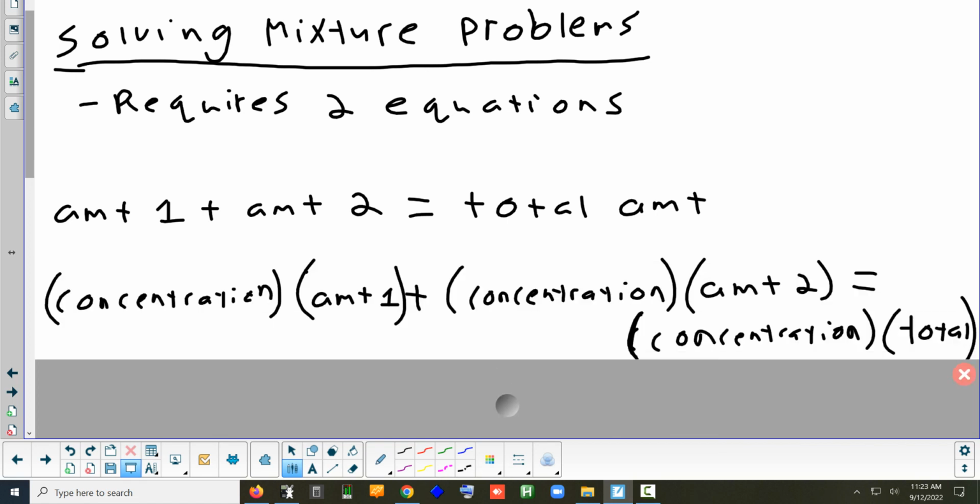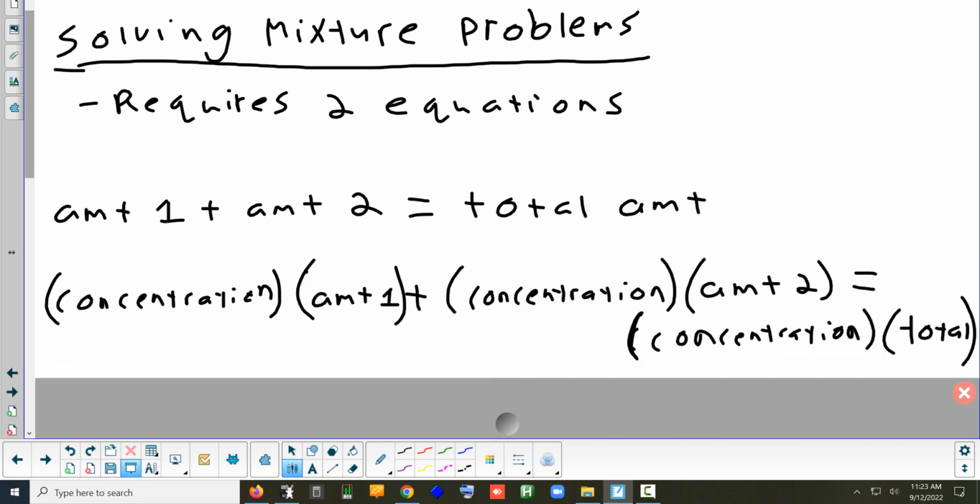But what narrows it down is they're usually going to tell you the concentration they want. 30%, 40%. So this is the second equation. There's 6 things in it, but each pair is very similar. Each term in this equation is a product. It's a concentration as a decimal times an amount, plus a concentration times the amount.